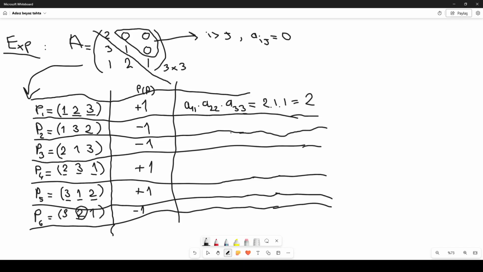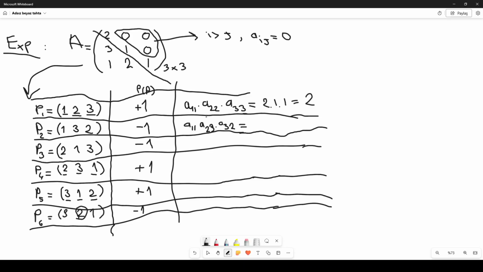Alright, now let's continue with the other one. So we have A1, but this time P1 is 1, so no problem. A2, P2 is 3. A3, P3 is 2. Okay, I'll look at the entries in the matrix.